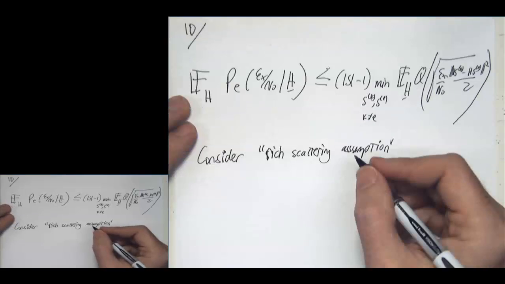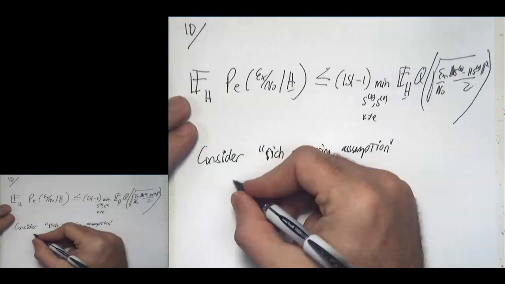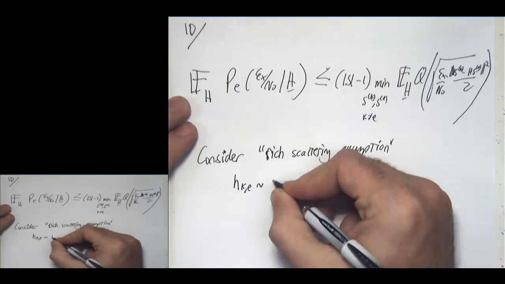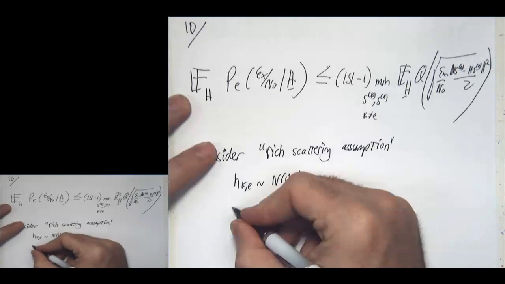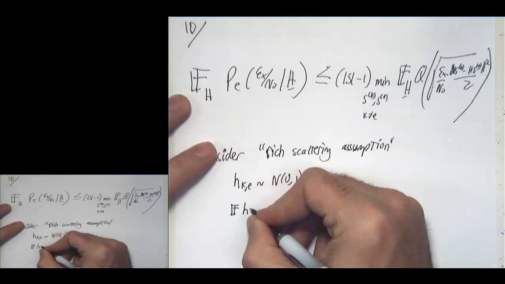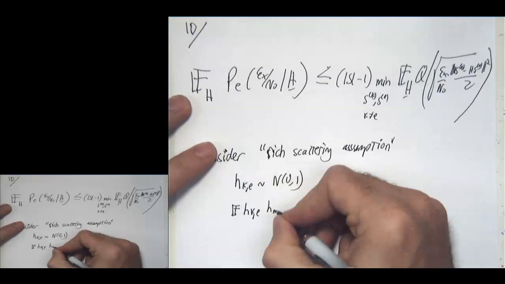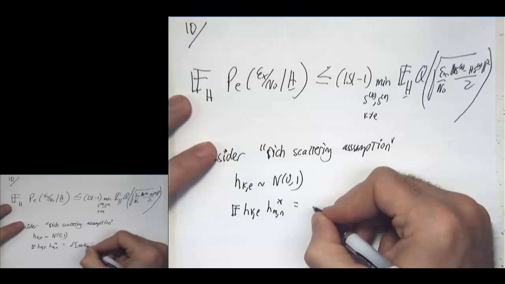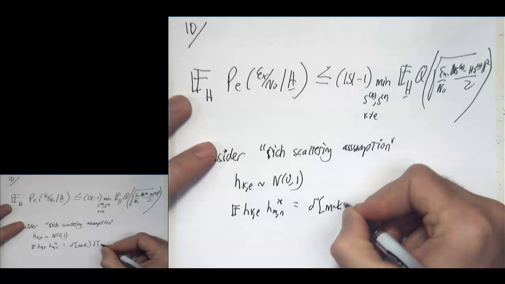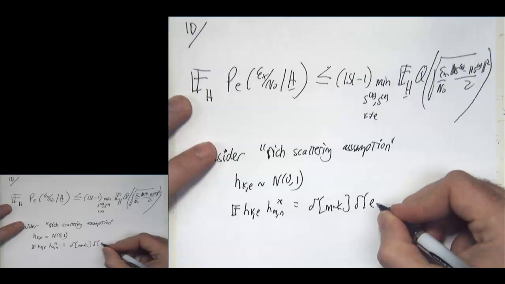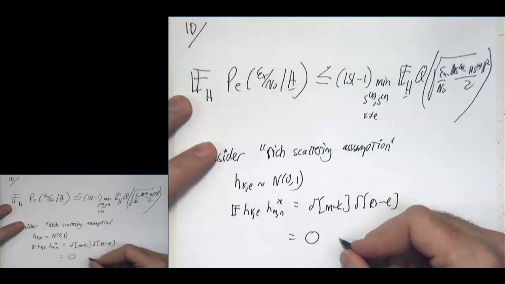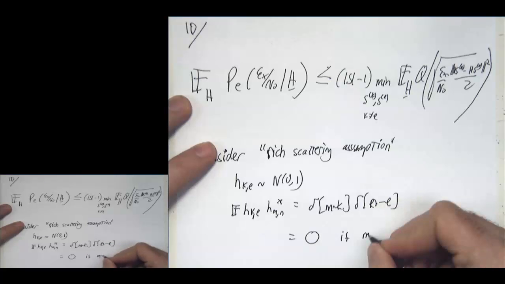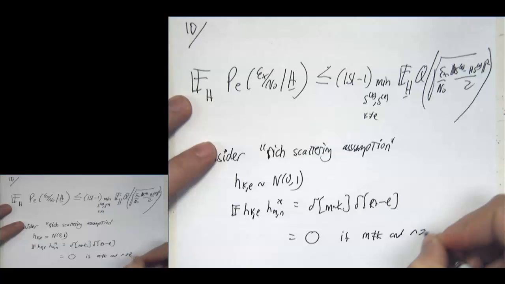And in particular with rich scattering, we assume there's lots of paths, and so every channel coefficient tends to be Gaussian, let's say zero mean and unit variance, and because they're assumed to be independent, the expected value of h_{k,l} times h_{m,n} is equal to delta of m minus k, delta of n minus l, which is equal to 0 if m is not equal to k and n is not equal to l here.